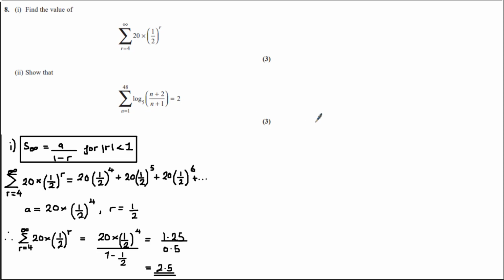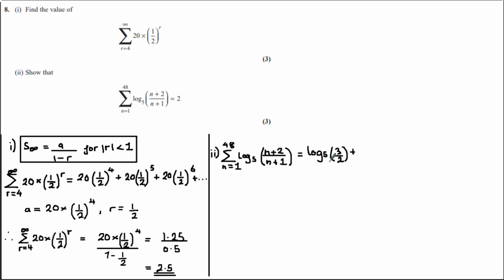Okay, so let's start with the first term of this series. When we substitute n equals 1 into this expression, we get log base 5 of 1 plus 2, which is 3 in the numerator, over 1 plus 1, which is 2 in the denominator, giving us a first term of log base 5 of 3 over 2. When we sub n equals 2 into this expression, we get log base 5 of 2 plus 2 over 2 plus 1.